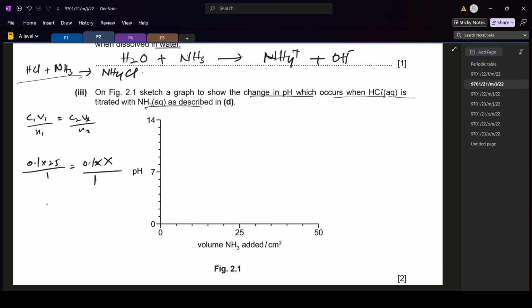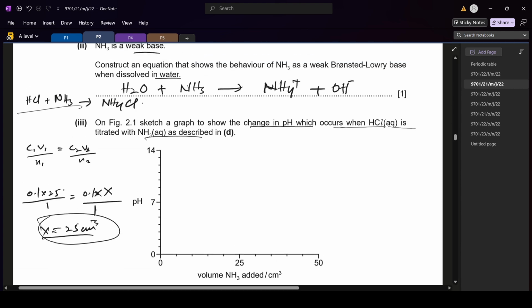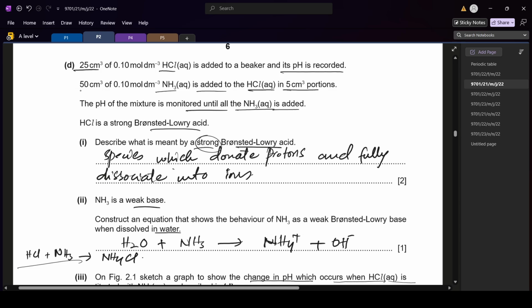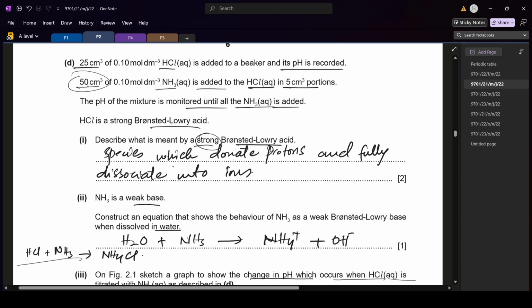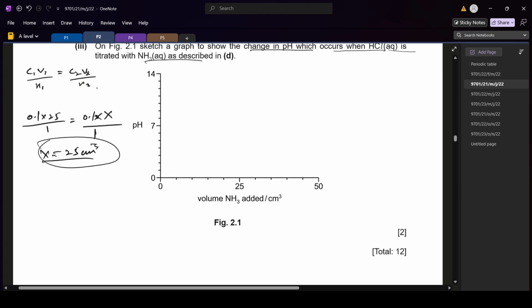So from here you can see that x is 25 cm cube, but we have used a volume of ammonia of 50 cm cube. Okay, so 25 is going to be the neutralization or equivalence point. Equivalence point is going to be on 25 on the x-axis.